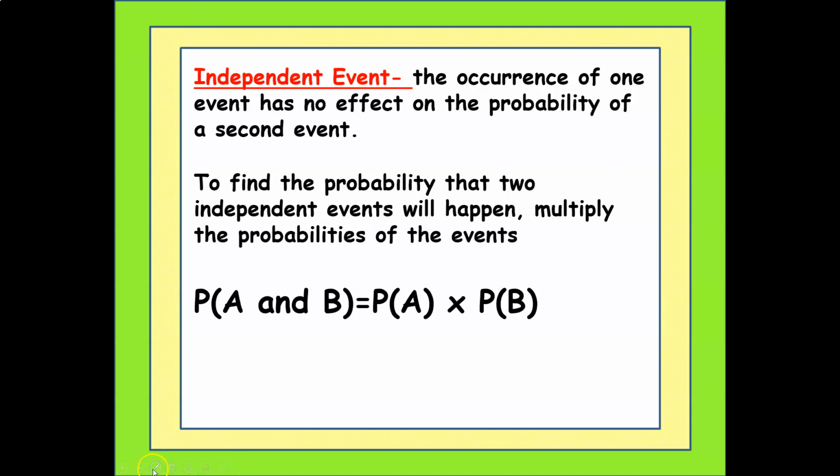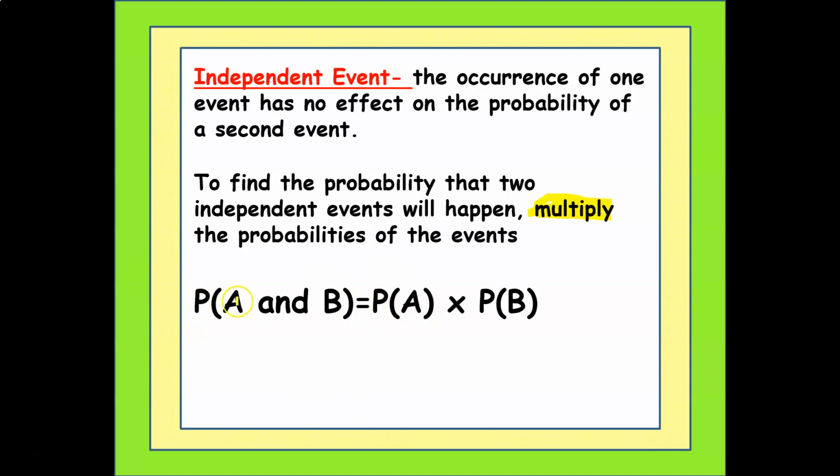So when we're working with independent events, we are going to be multiplying, just like we did with our counting principle. But now we're going to be working with the actual probabilities.